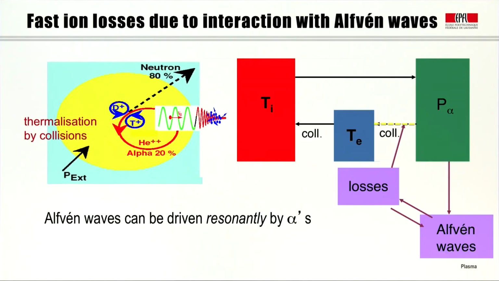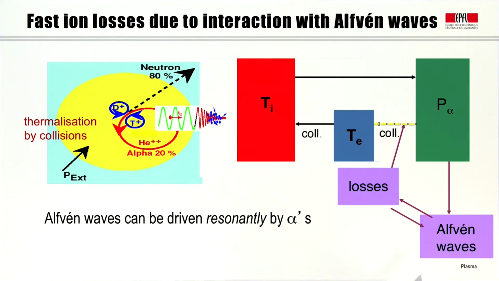I now turn to the last mechanism of fast ion losses I'd like to discuss. That is due to the interaction with Alfvén waves. So, as we said, the alpha particles are born at 3.5 MeV. They will slow down collisionally, first on electrons, then eventually on ions. And during their slowing down, which lasts a macroscopic time of order of a second, they can encounter a wave-particle resonance.